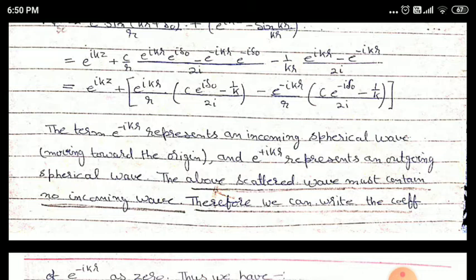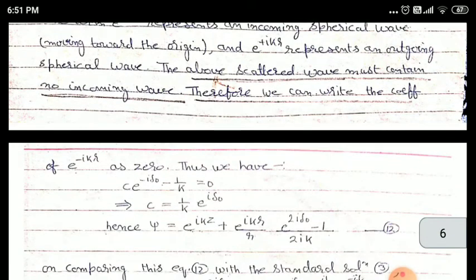Origin means where our proton is situated, or scattering center is situated. And e raised to power plus ikr represents an outgoing spherical wave. The above scattered wave, as shown by the above equation, must contain no incoming wave. Therefore, we can write the coefficient of e raised to power minus ikr as 0.